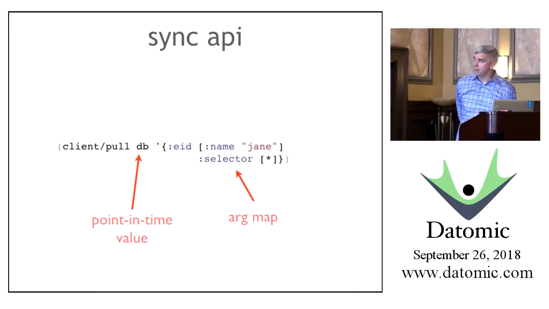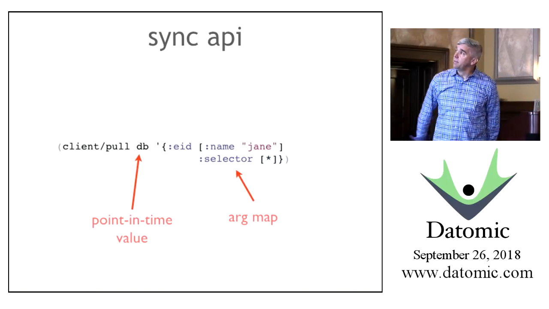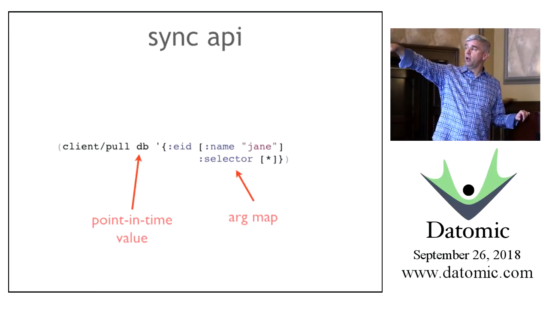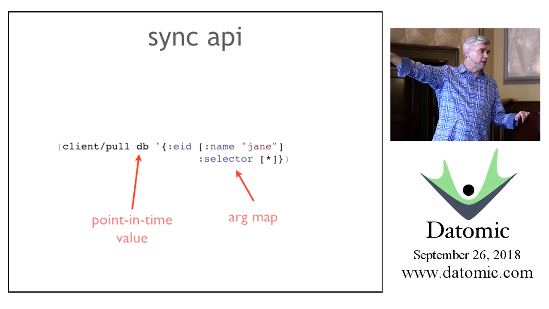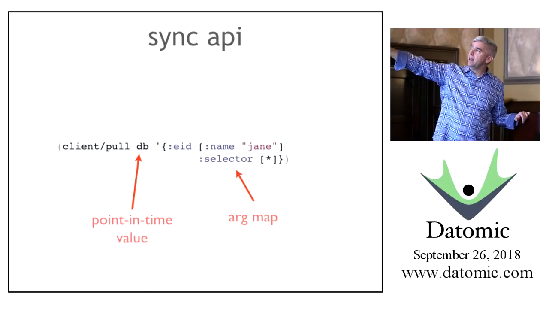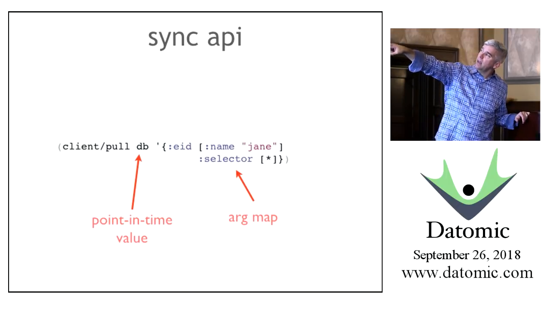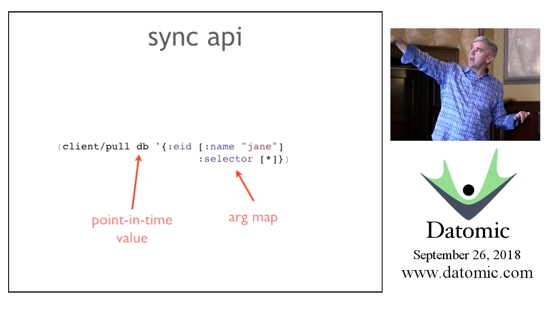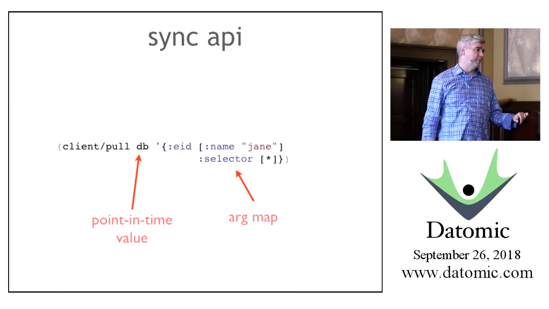So the sync API tends to be a function like pull with two arguments, either a connection or a database. A connection means I want to transact, and a database means I'm working against a point-in-time value. Then there's some sort of descriptor in data of what you want. This is saying, go and find the entity ID whose name is Jane, and then select everything about it.